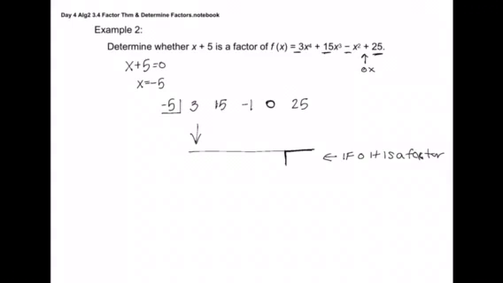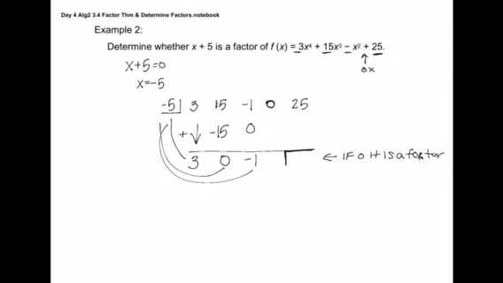So synthetic division, we drop our first term, multiply, negative 5 times 3 is negative 15, and then we add. Multiply, 0 times negative 5 is 0, and then we add.